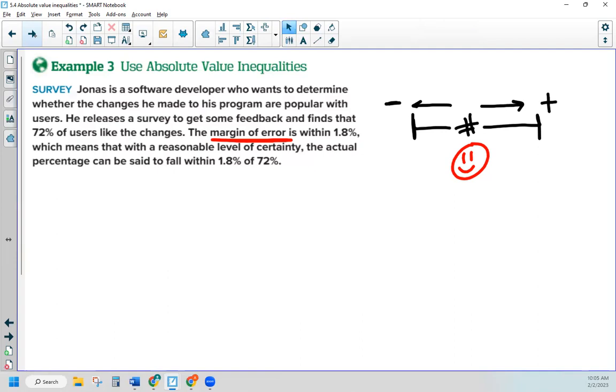The margin of error is within 1.8%, which means, let's not talk about temperature anymore, and now let's talk about 72%. That is the number we're focusing on right now, and the margin of error, meaning the safe zone, is 1.8 that way, and I'll put it in red so it signifies that we're going down. 1.8 that way.